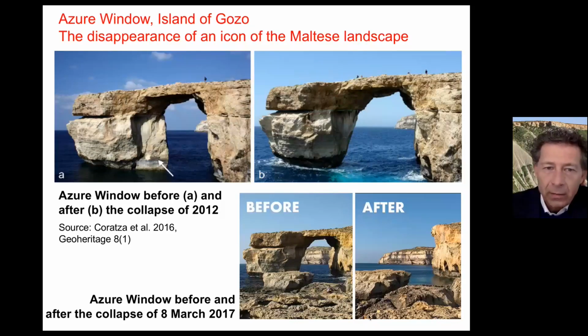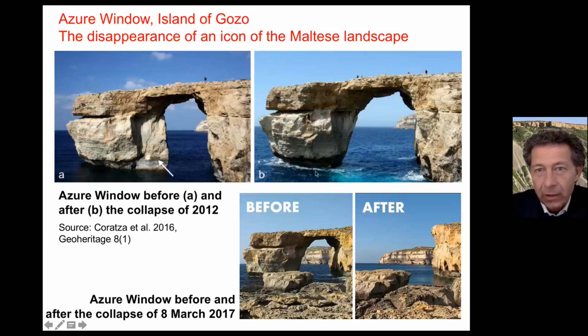Actually, part of the cliff collapsed back in 2012, making the window larger. At that time, local institutions were worried about the possible collapse of the roof of this arch, and so they restricted the attendance of this part of the plateau, where the rock is quite resistant.